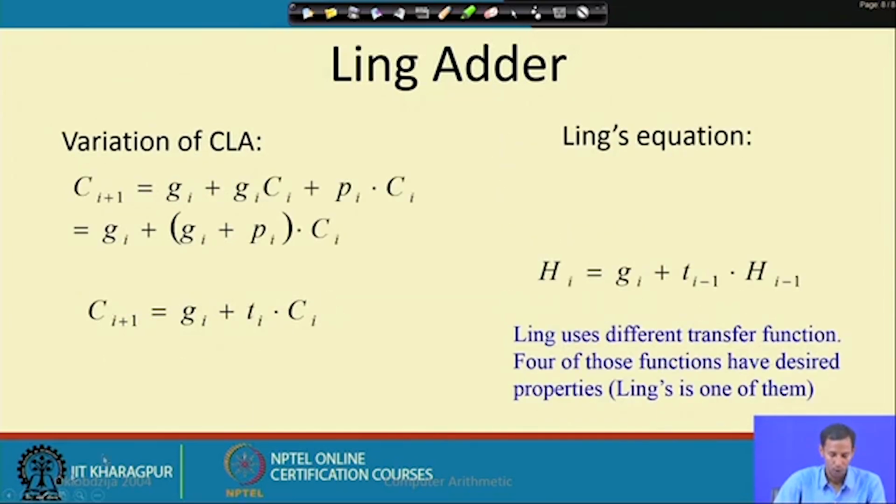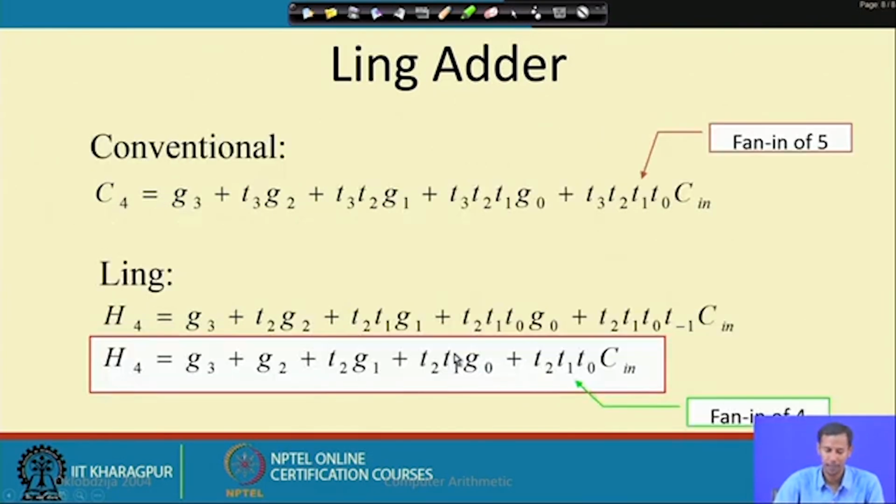So, according to this Ling equation, Hi can be written as Gi plus Ti minus 1 dot Hi minus 1. So, here you see Ling uses a different transfer function; four of these functions have desired properties, and Ling is one of them.